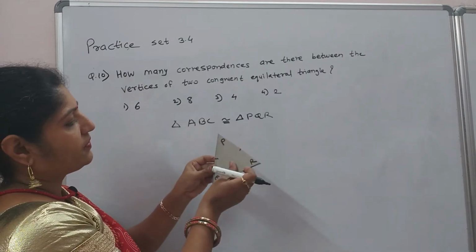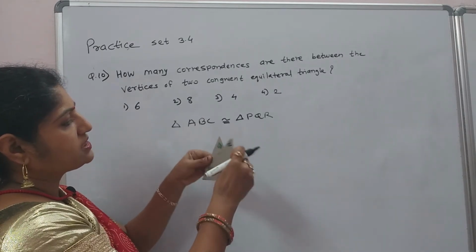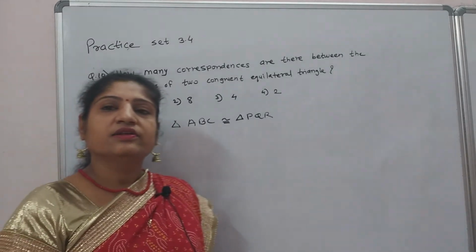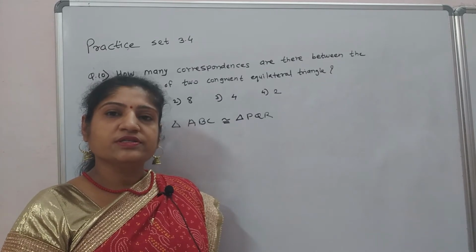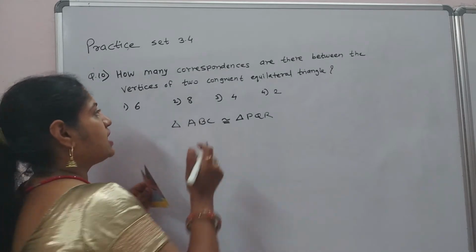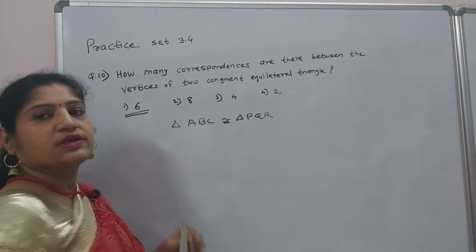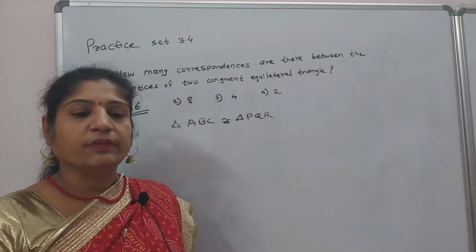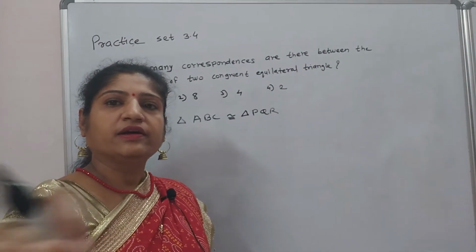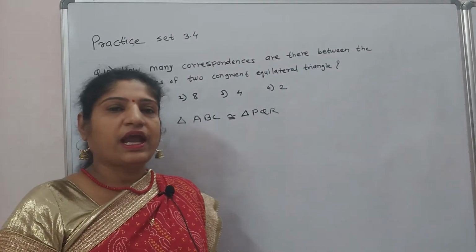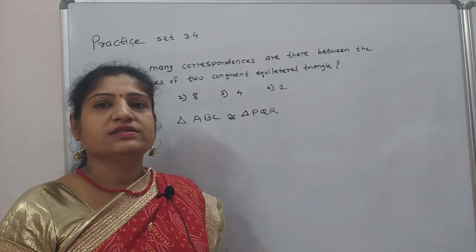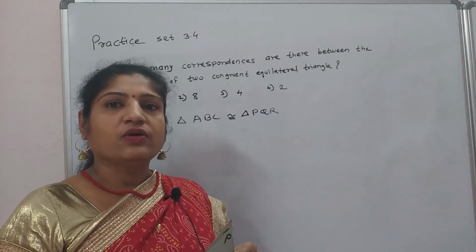Six times. There are six pairs of correspondence. Take any correspondence and these two triangles are congruent. So 6 is our answer, option number 1. We can write the correspondence in 6 ways, and if the two triangles are equilateral, in all 6 ways the triangles are congruent.